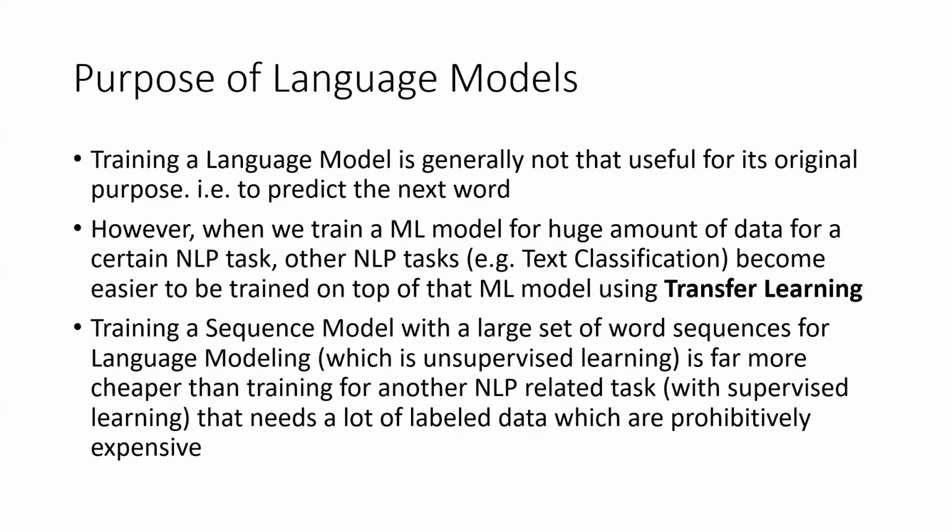Because you are transferring from a good large model which is trained for some other purpose, in this case the language model, it has already learned the language and general knowledge insights, right? So you only need a small dataset for your task, and this task can be trained in a very accurate way. That is the advantage of training a language model, right?